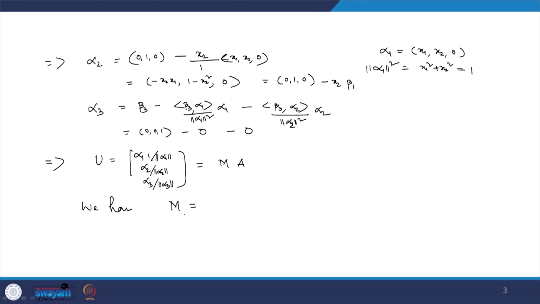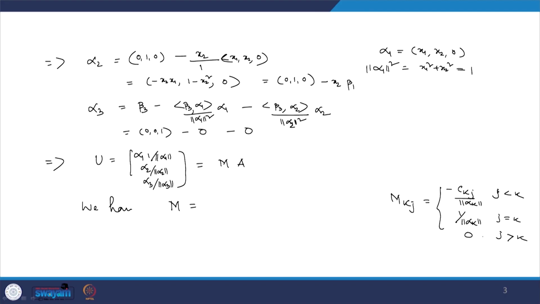According to the definitions we learned in our last lectures, m_kj equals minus c_kj divided by norm of alpha k when j is less than k, equals 1 by norm of alpha k when j equals k, and 0 for j greater than k.